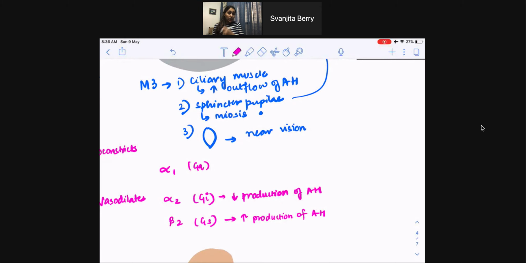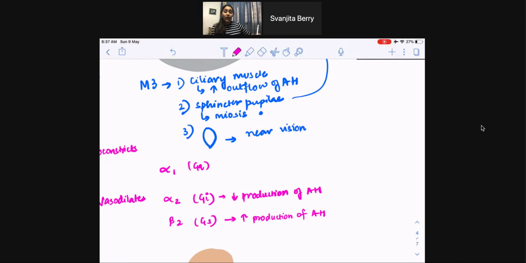So a pharmacology cue here would be someone has glaucoma. Would you want to increase or decrease the production of aqueous humor? Well, you would want to decrease the production, right? So you would give an alpha 2 agonist, but you could also stop the production of aqueous humor by giving an antagonist for beta 2. So that's how you want to think about these receptor types.